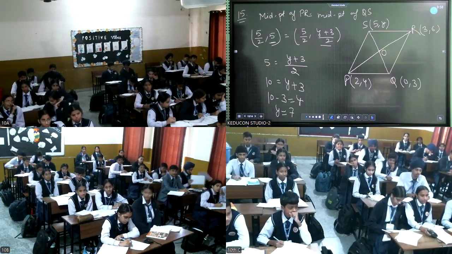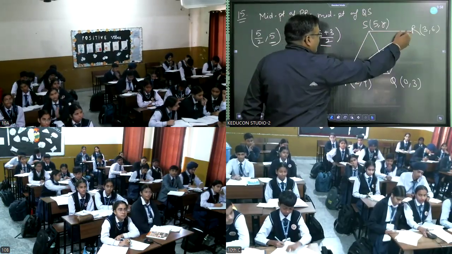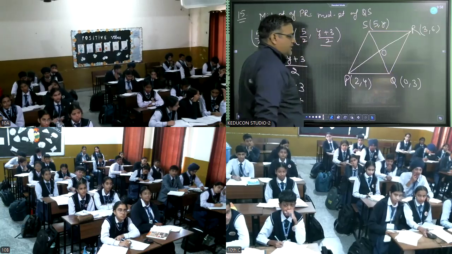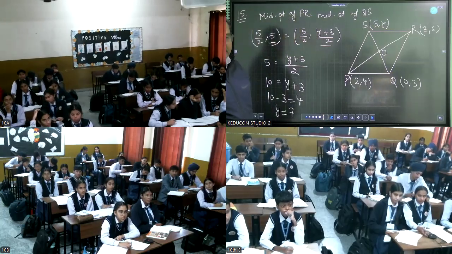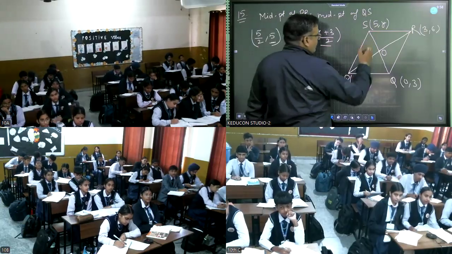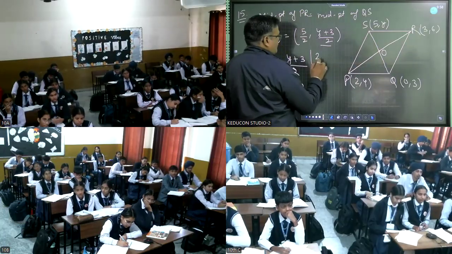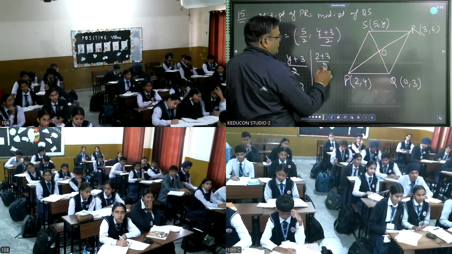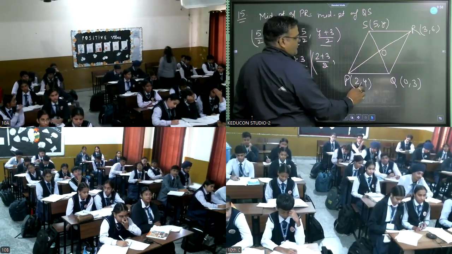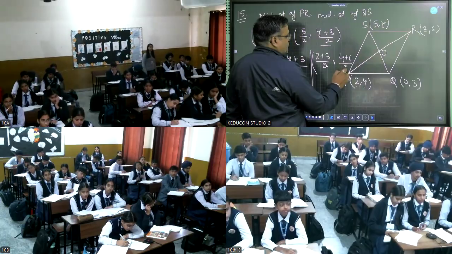This one जी. See students, the midpoint of the diagonal PR will be equal to the midpoint of the diagonal QS. Is it clear? What will be the midpoint of PR? 2 plus 3 by 2. This will be the x coordinate. 4 plus 6 by 2. Is this step clear, bachcho?